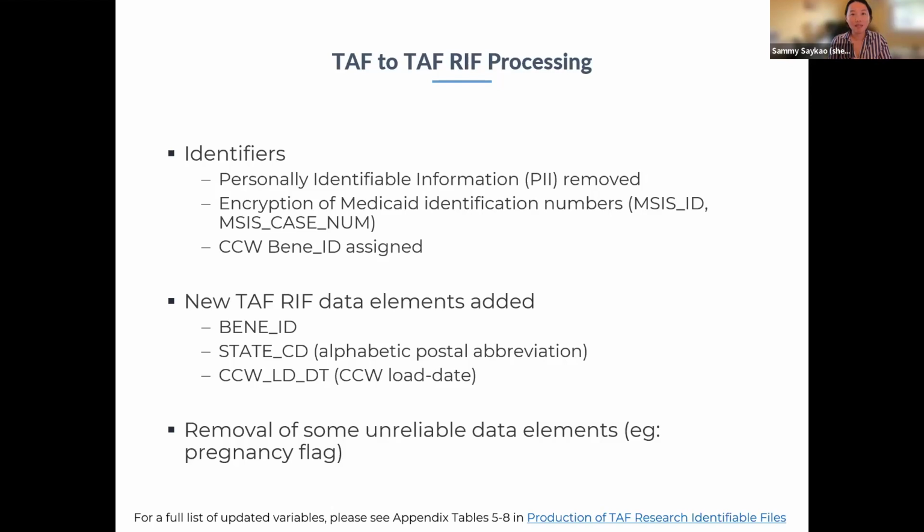So the Benny ID, as I mentioned before, the state code, which translates the submitting state code into the alphabetic postal abbreviation. And there's also a CCW load date included. From TAF to TAF RIF processing, there's also some removal of unreliable data elements, such as the pregnancy flag. If you want a full list of updated variables, I have a link below. Appendix tables 5 through 8 go through in great detail exactly what changed.